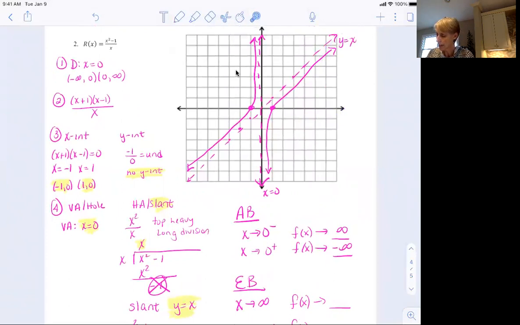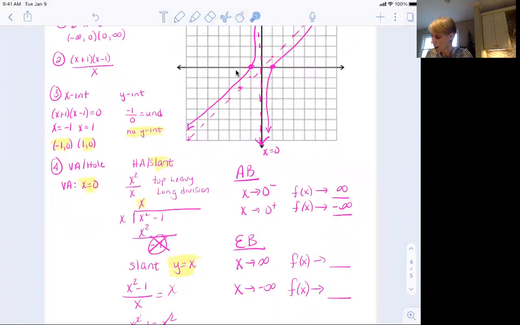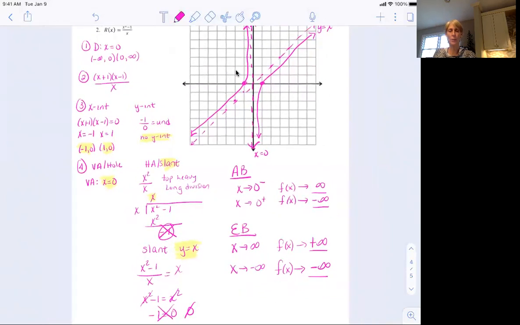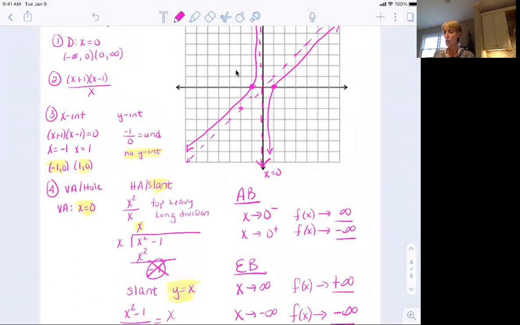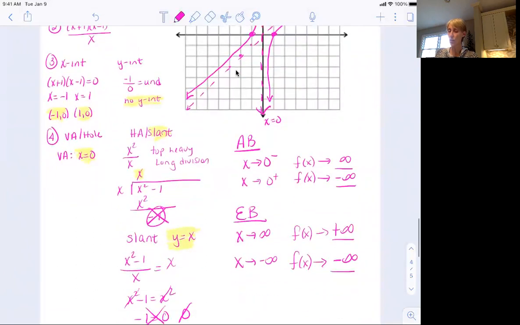So as x goes to infinity, y goes to infinity. And as x goes to negative infinity, my graph is going to follow my line and go to negative infinity. So use your picture to help you. Next year, we're going to use other methods, but right now we're using our graph to help us with this new terminology.